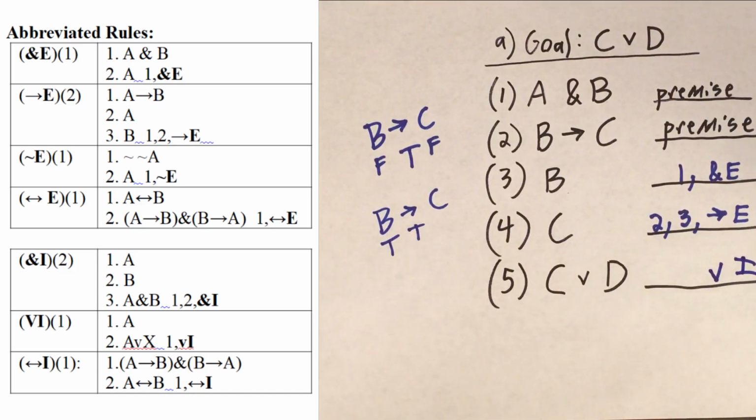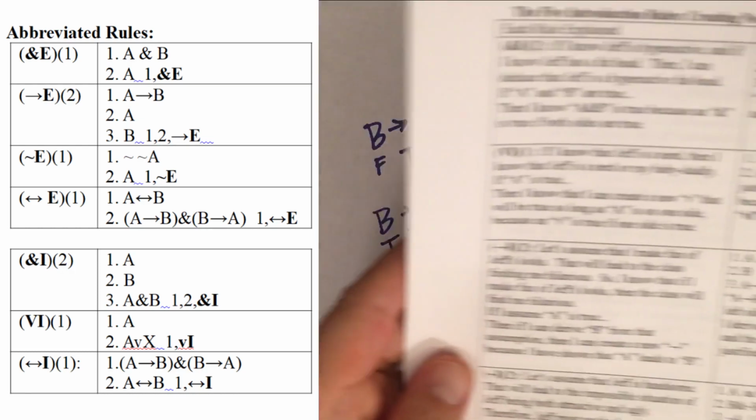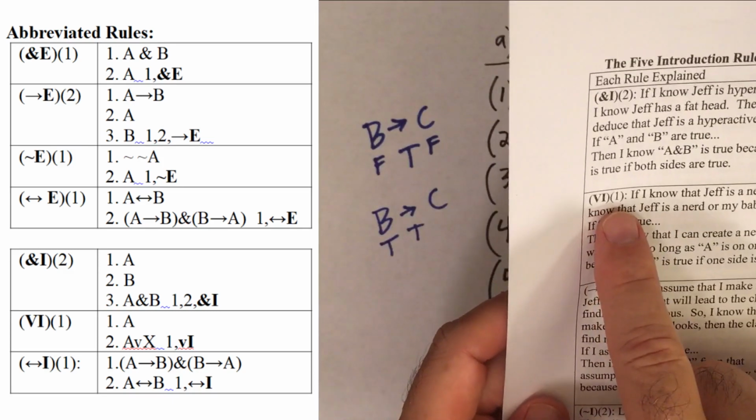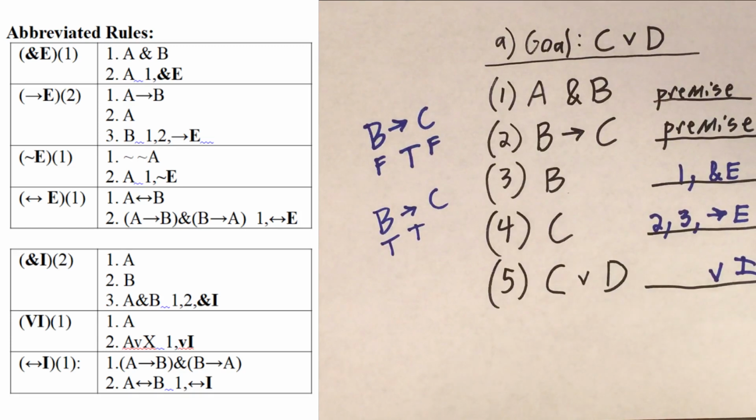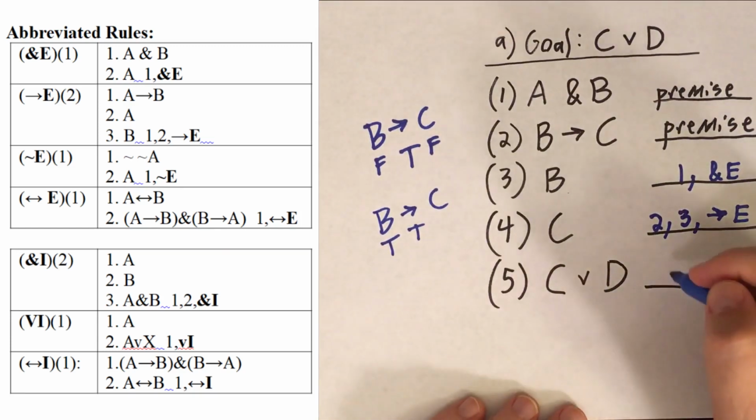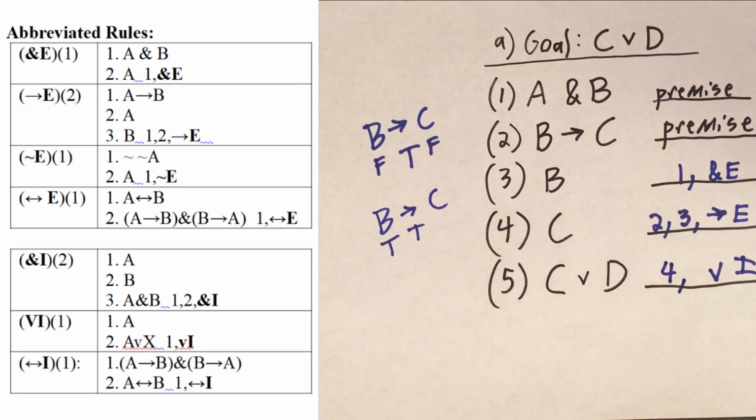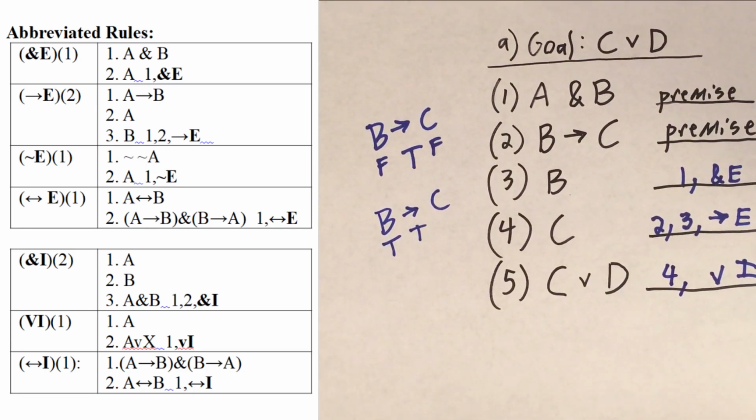How many lines of justification are required? Again, sorry for how corny this is. This rule requires 1 line of justification where I prove that one side was true. So what did I do? I used line 4 where I prove that C is true and simply created my new OR sentence. So this whole proof is now fully justified as a proof.